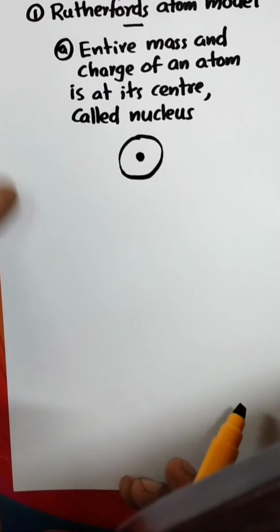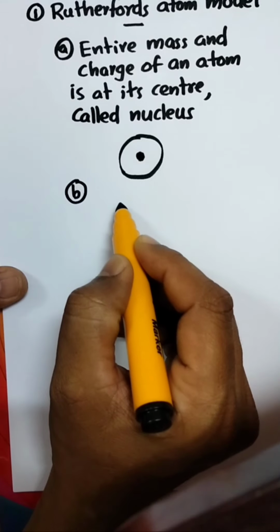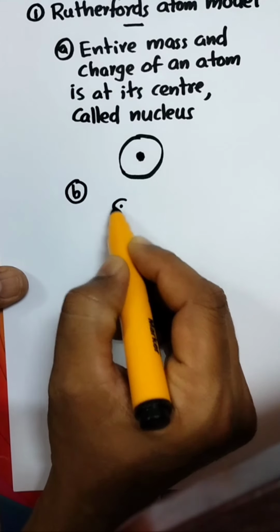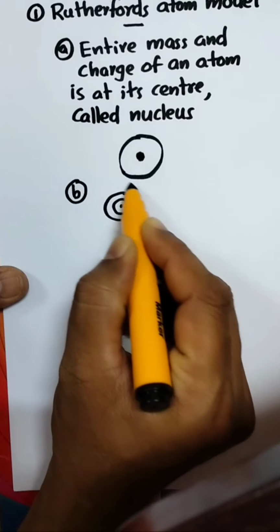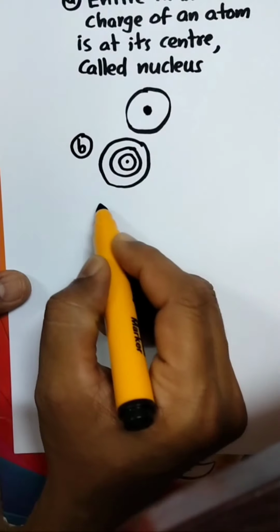Then second point, nucleus is surrounded by negatively charged electrons with very high speed.